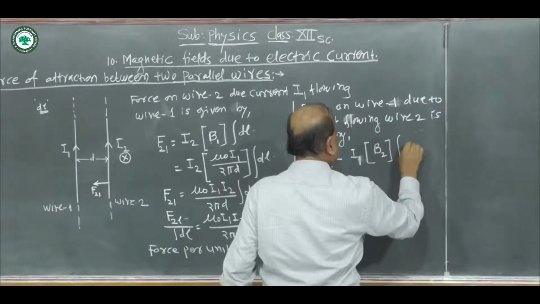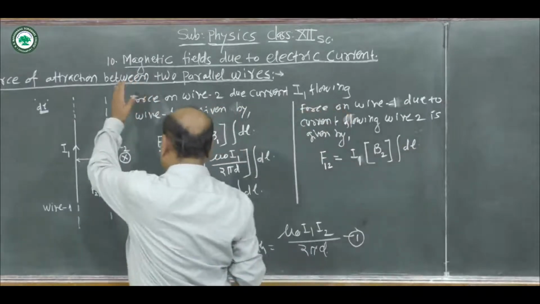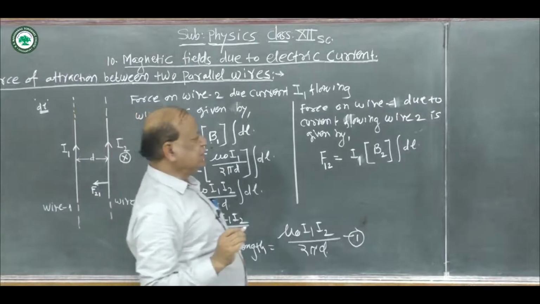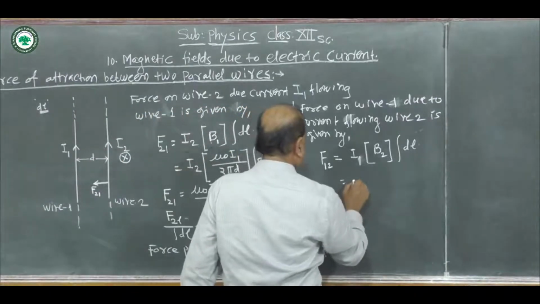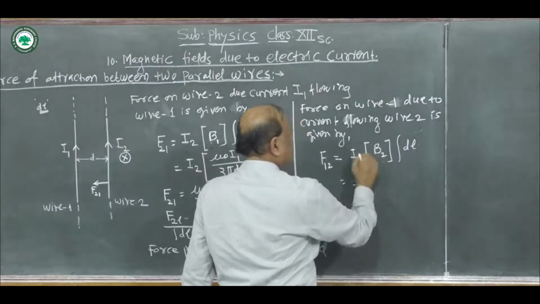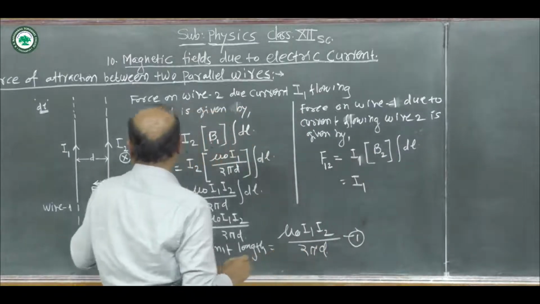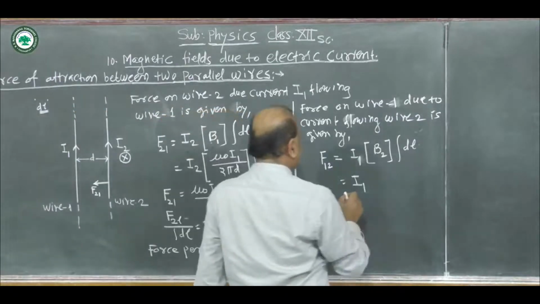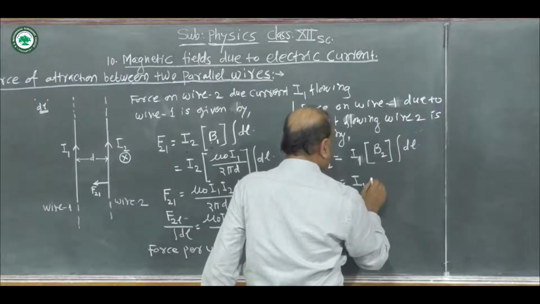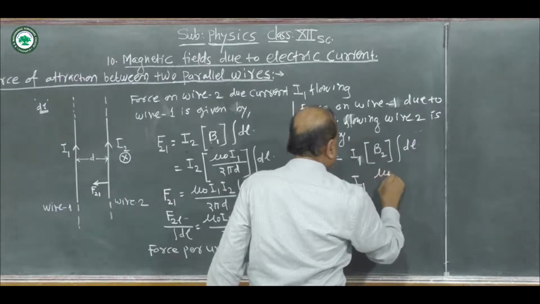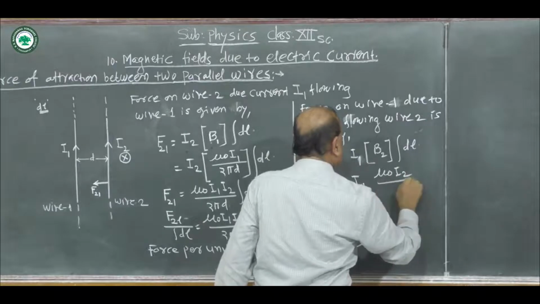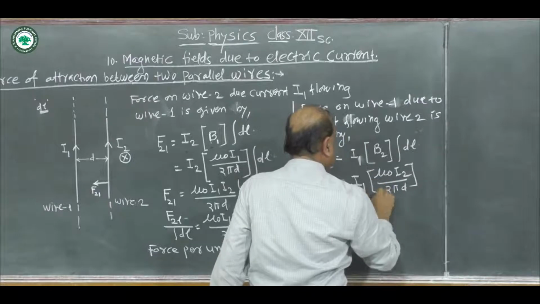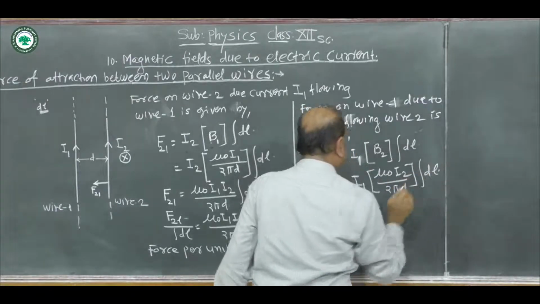The force is taken into the total length. Now this wire is again made up of small length elements dl. With current I1, the magnetic field produced by wire 2 is mu 0 I2 divided by 2 pi d, into the integration of dl.